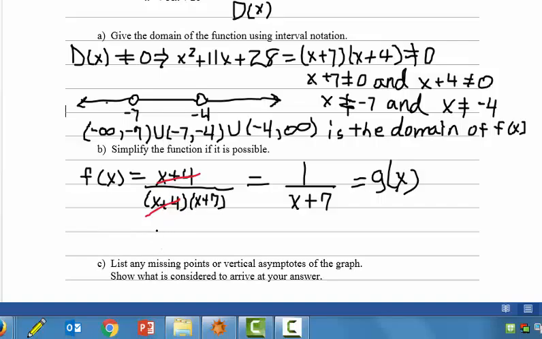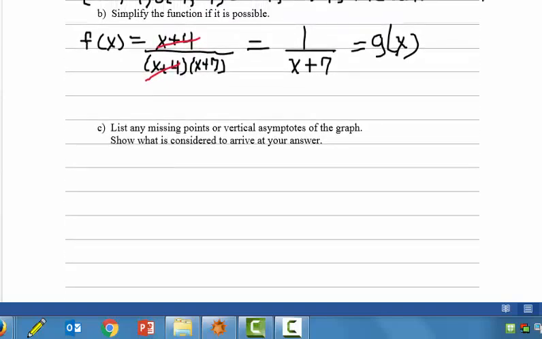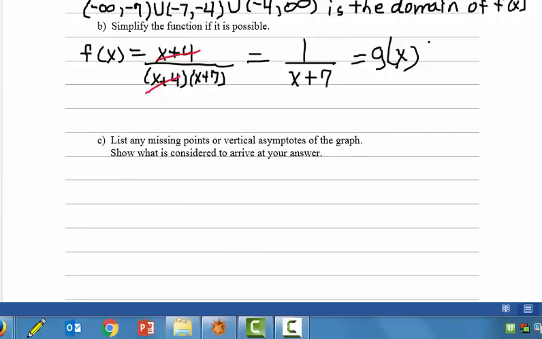So we now want to find any missing points or vertical asymptotes of the graph. And we do that by evaluating the function for the values of x that make the denominator 0. So we had negative 7, and if we evaluate the function when x is negative 7, in the numerator we get negative 7 plus 4.